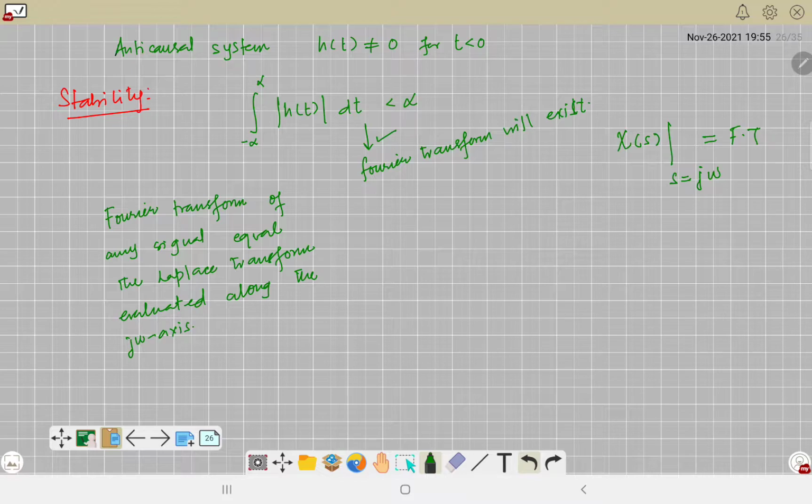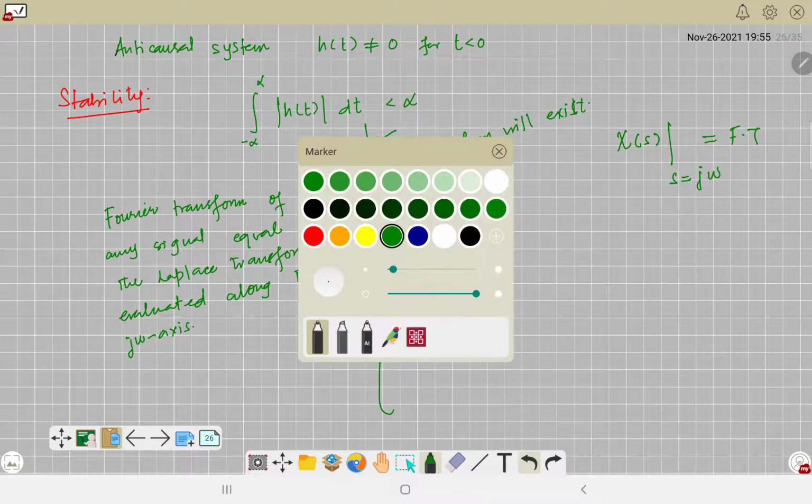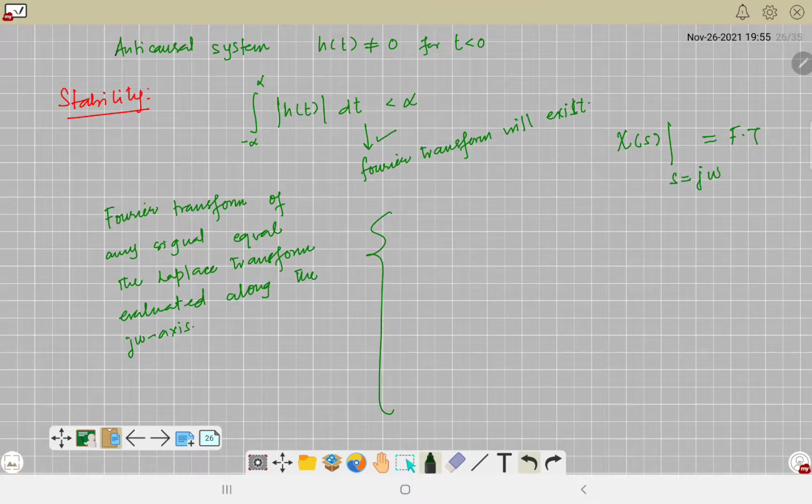Right? Now this means in terms of ROC, I will have this particular condition for stability, that an LTI system is stable, and stability is still the same, bounded input, bounded output. This is the concept of stability that we have been discussing.